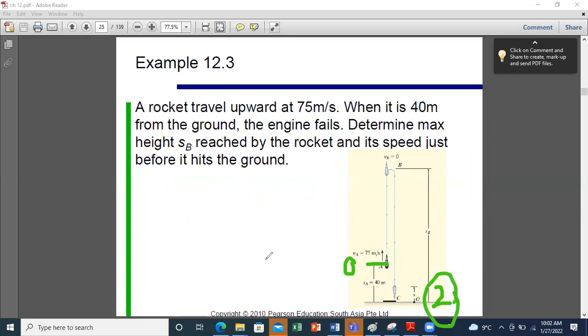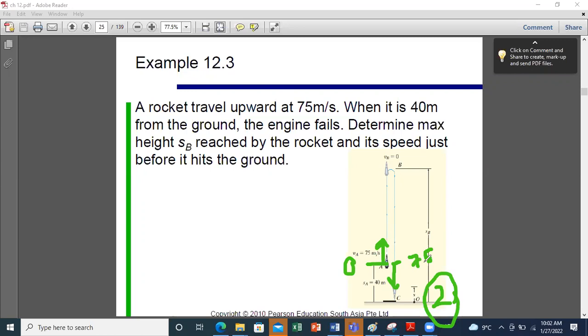Can I ask you a question? Yes, sure. However, here at point 0 we took SA as 40 meters. But here we have VA when the rocket is going upwards. When it comes back down, I expect it won't be anything other than the speed. But I'm actually taking state 1 as going up, not coming down, and it won't be anything other than the speed. You know why? When it comes back to here, the velocity will be downward, but it will be 75 meters per second.